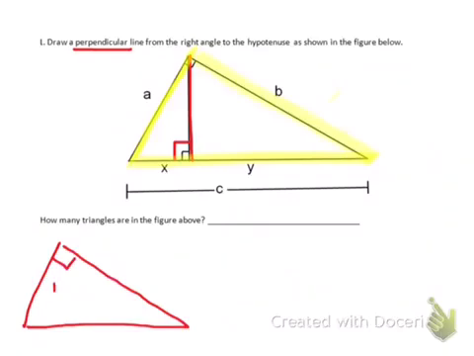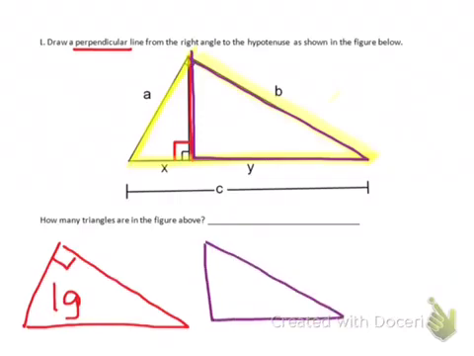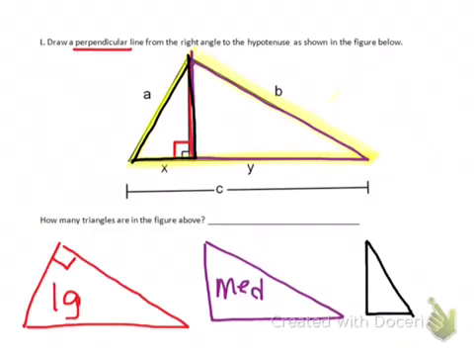I see a medium-sized right triangle, which would be on the right side. There's my medium-sized right triangle. And finally, I see my small right triangle, which is on the left side. So here's my small right triangle. So how many triangles? 3.